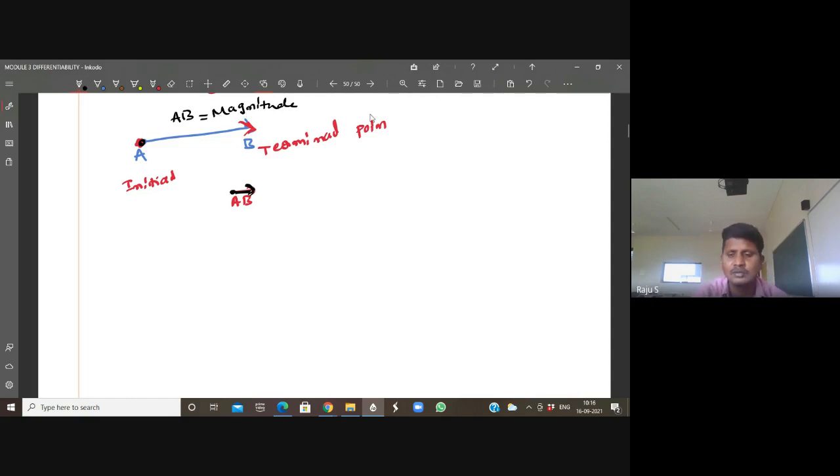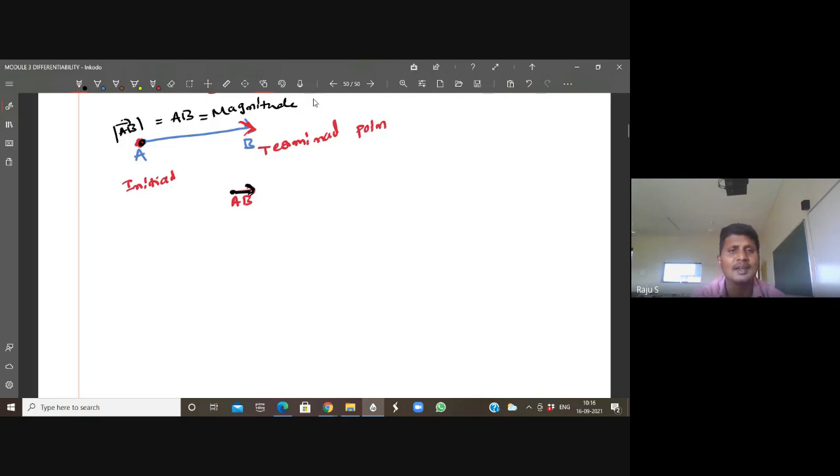This magnitude can also be written as the modulus of vector AB.